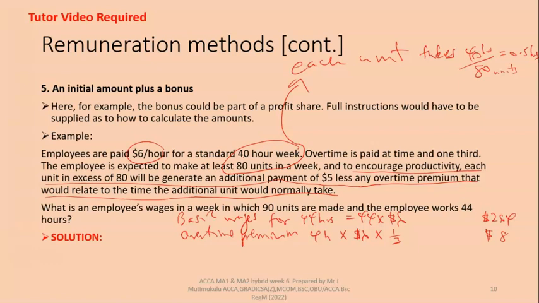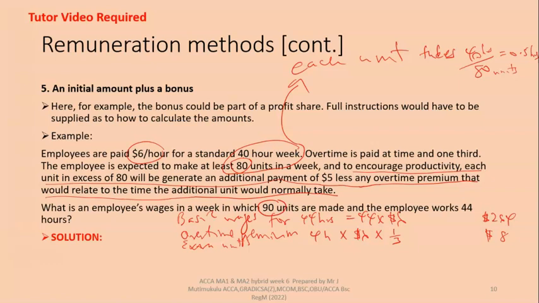Okay, so let's talk of the extra units. A normal 40-hour week produces 80 units. But in this case, 90 units were made.